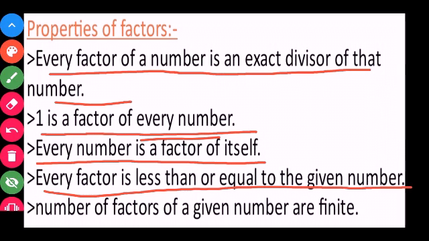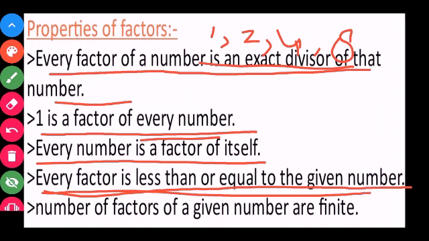For example, take the factors of 8. The factors of 8 are 1, 2, 4 and 8. So here all factors of 8 are less than or equal to 8. Thus you can say every factor is less than or equal to the given number.